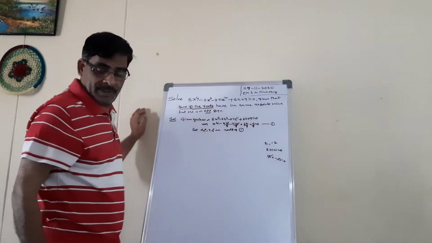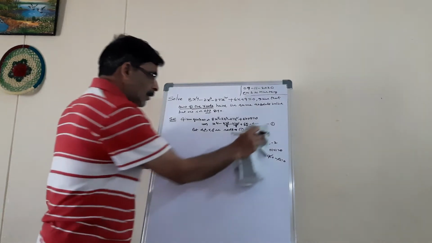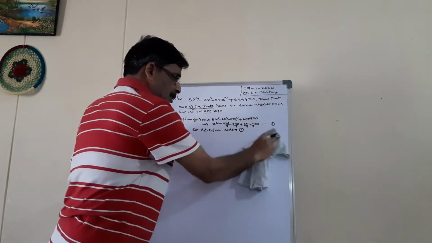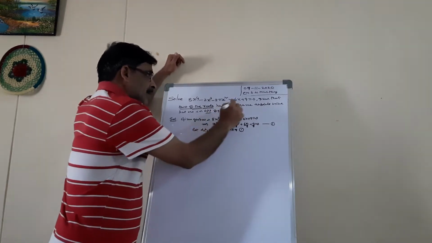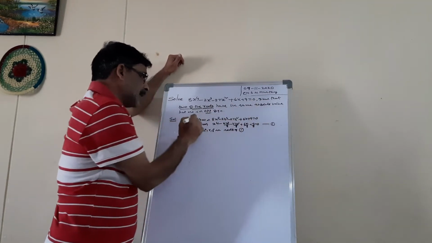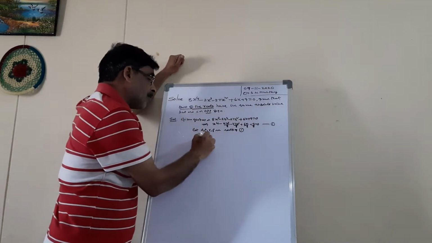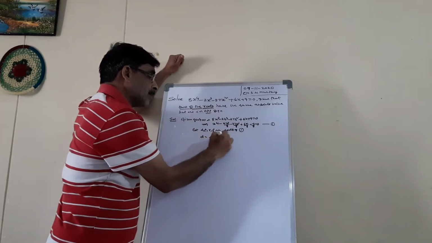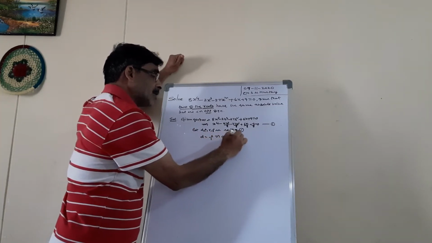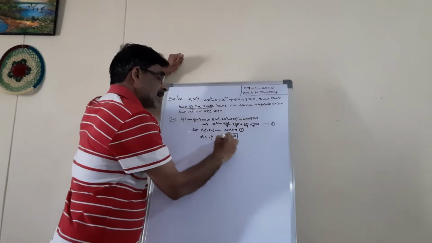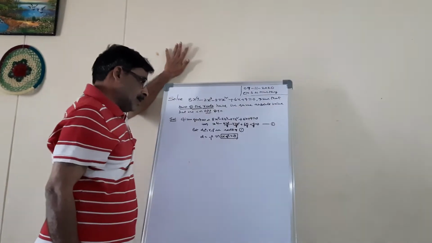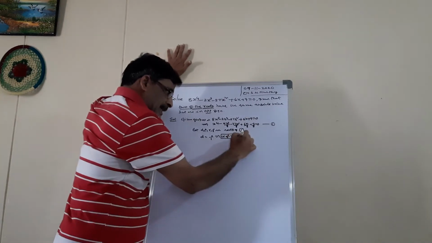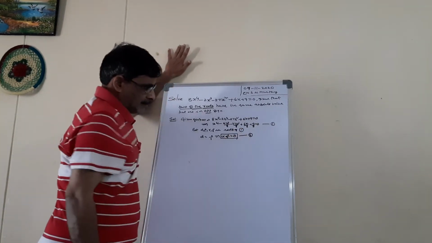Here we have 4 roots: alpha, beta, gamma and delta. Same absolute value but different sign means alpha equal to minus beta, which implies alpha plus beta equal to 0. This is the meaning of the given condition. Okay, keep it aside. Let it be second one.